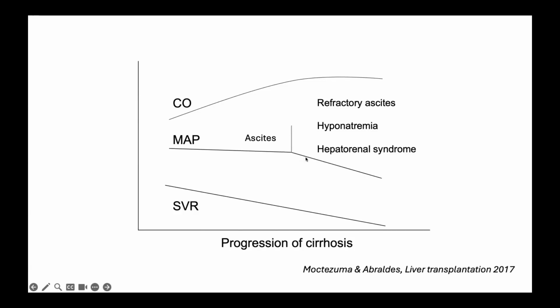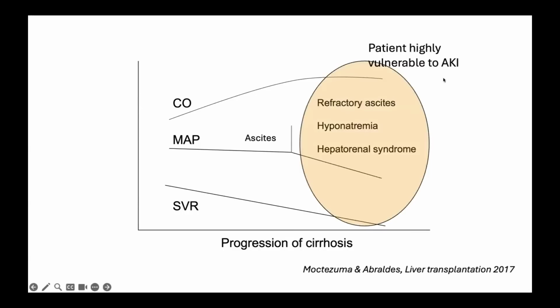But when you start to see that decrease in mean arterial pressure, it means that the circulatory dysfunction is severe, and this is when we see refractory ascites, hyponatremia, and hepatorenal syndrome. So at this stage, you can imagine that anything that happens to the patient with this extreme vasodilation, with a cardiac output that has been maximized, makes the patient extremely vulnerable to a decrease in renal perfusion.